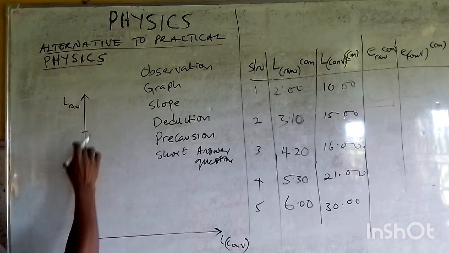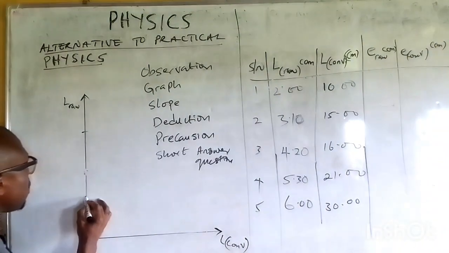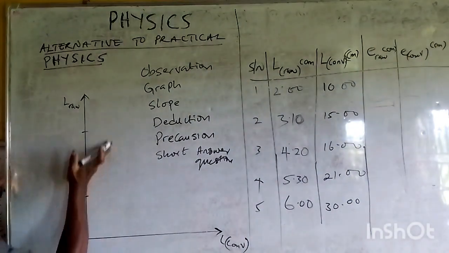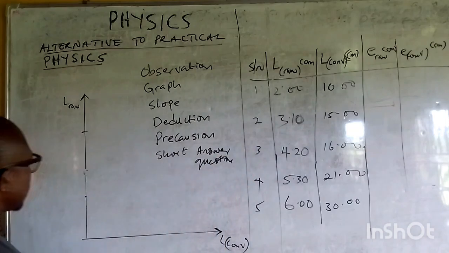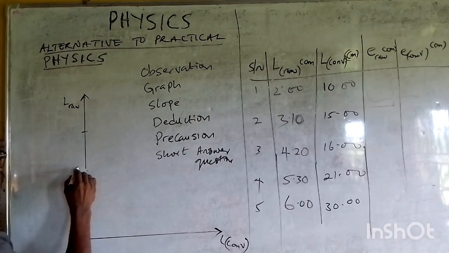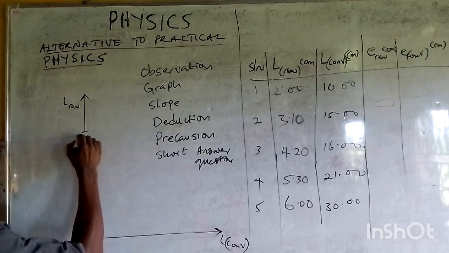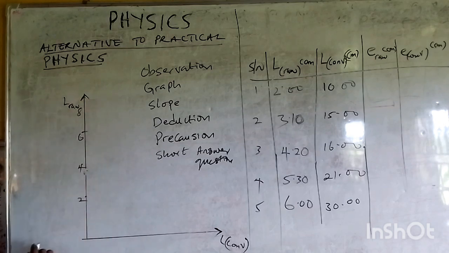So I should choose a scale that 6 will be accommodated somewhere here. Do not choose a scale such that 6 is accommodated here and you leave the whole of this place empty. No. A scale like 2, 4, 6, and then 8 somewhere here. I can choose a scale like this.